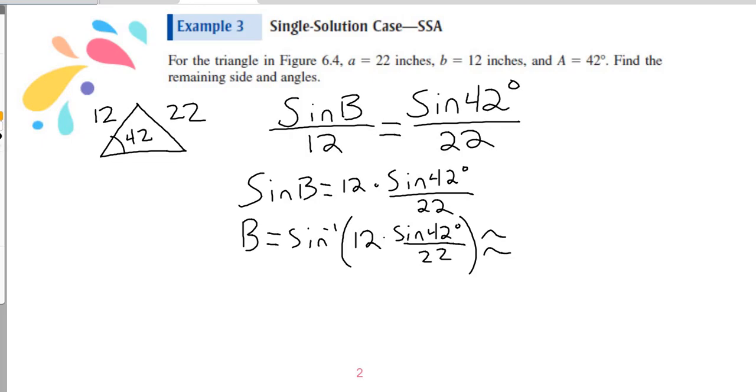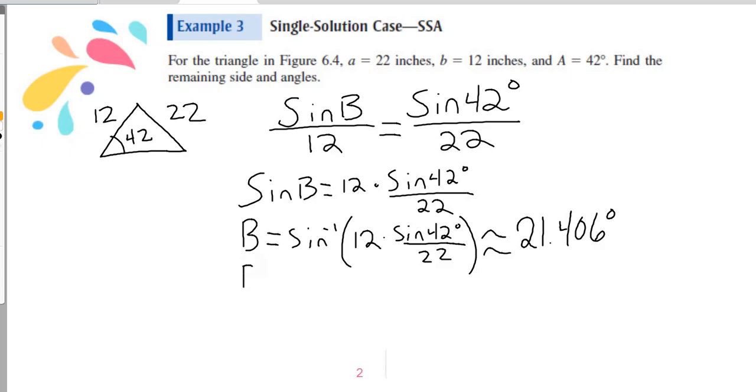I believe it's 0.406, yes? So we know there at least has to be one solution because we didn't get a domain error. Agreed?